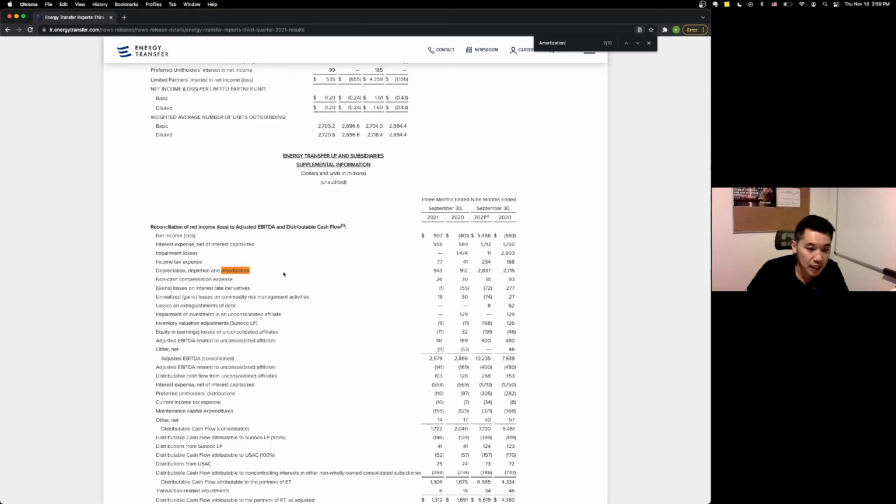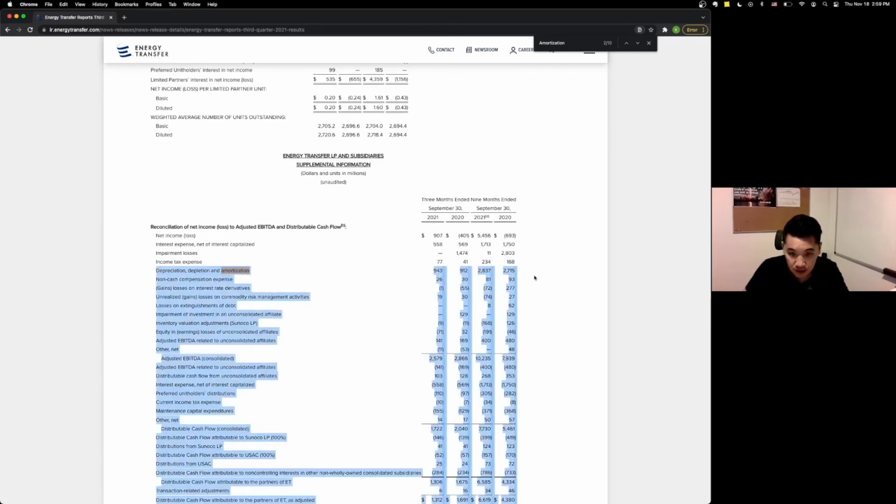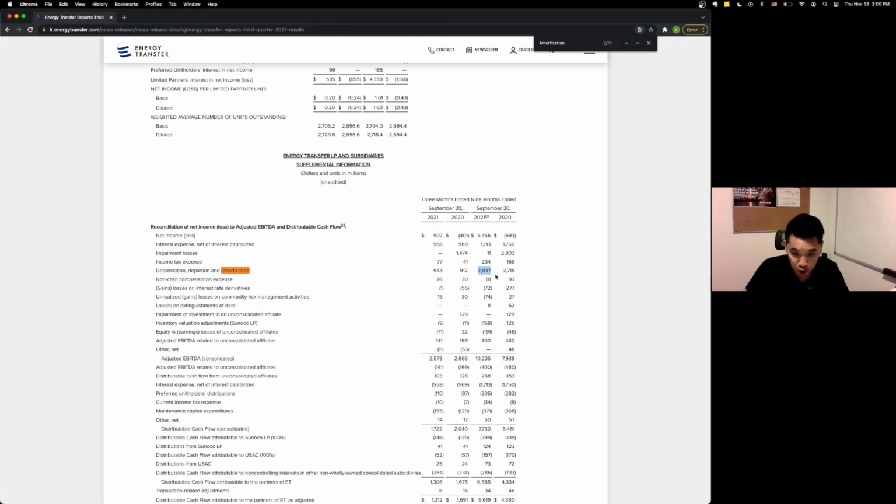And let's take a look at the amortization. In the financial document, normally you will see it grouped together with depreciation. So here we have both. The nine months up to date is 2.8 billion. Let's make the same assumption that the last quarter will be the same as the third quarter.